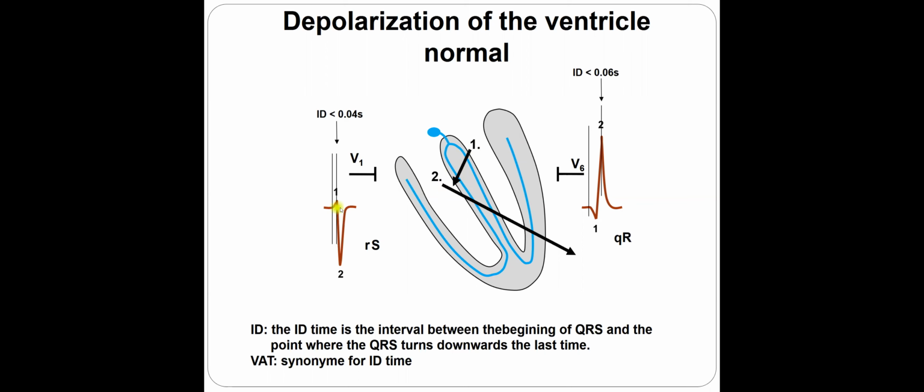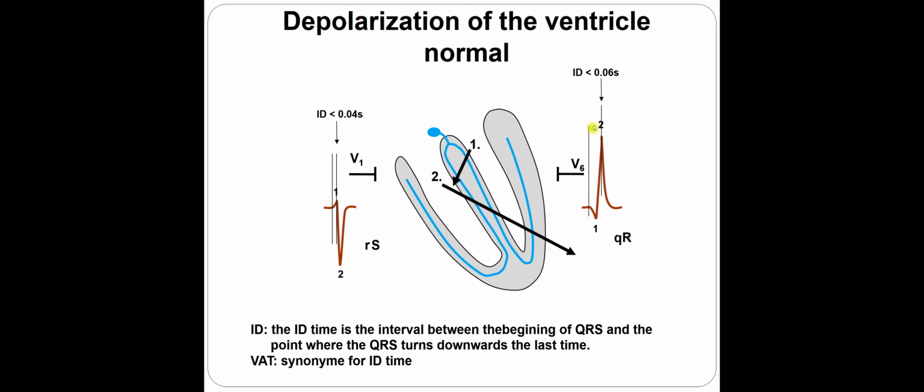This is the ID time or ventricle activation time, only the septal activation, and it should be less than 0.02 seconds, so less than 1 small square, 1 millimeter. However, on the left side, this is the next big vector, the ventricle activation, up to the top of the R wave.